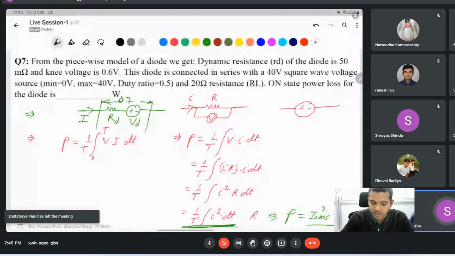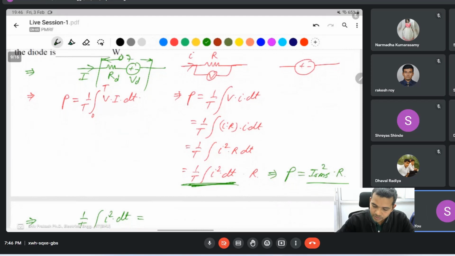You can't say the same voltage applies across the resistance. First find the current, take the RMS value of the current, and then find the power loss.